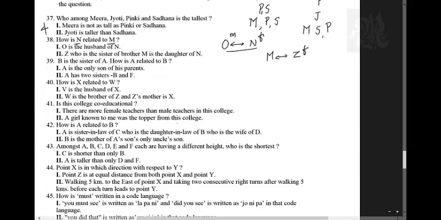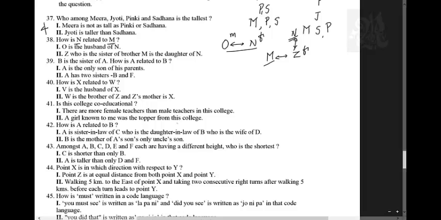So Z is a female, who is the daughter of N. So I know one thing: N is a parent of M. But I cannot really say what relationship they have.